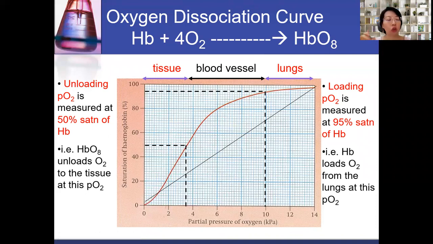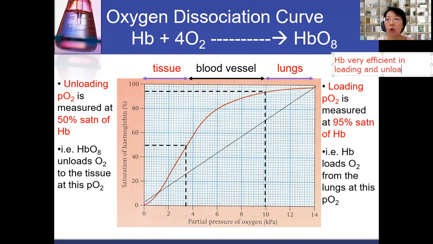The S-shaped curve is showing us that hemoglobin is very efficient in loading and unloading oxygen. It's more efficient than the straight line over here.